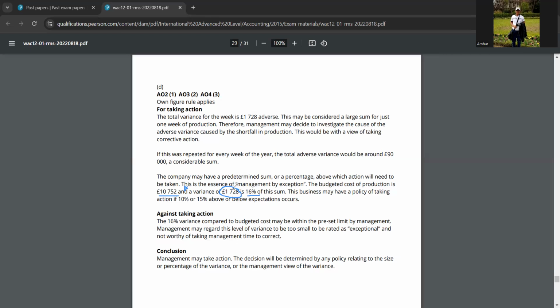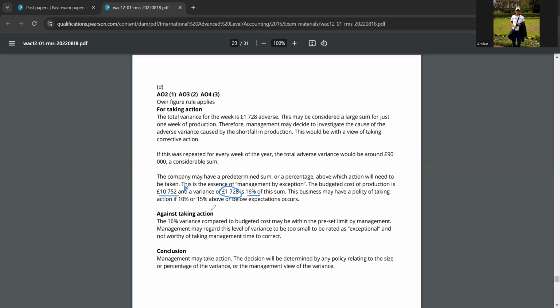So they are saying this business may have a policy of taking action if 10% or 15% above or below expectations occur. This is like 16%.